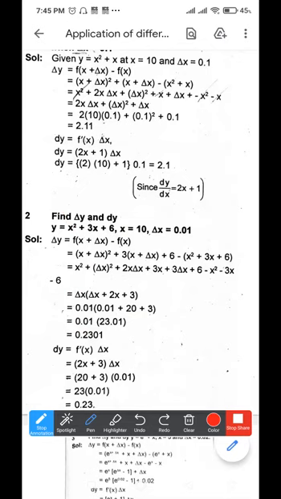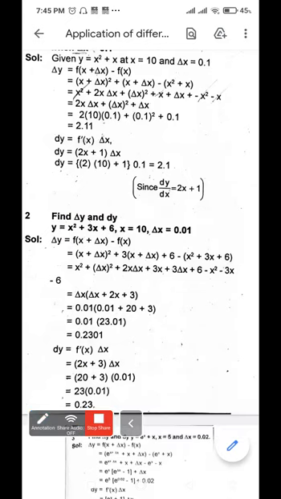Then same formula. We found delta y, but we have to find dy. What is the differentiation of this? Differentiation of x square is 2x, differentiation of 3x is 3, and differentiation of 6 is 0. So 2x plus 3 is nothing but this.